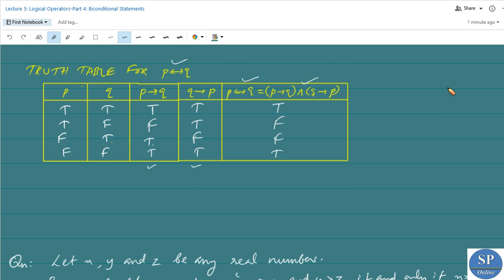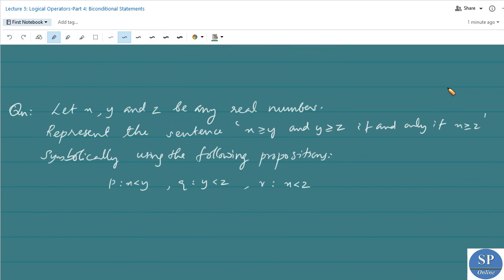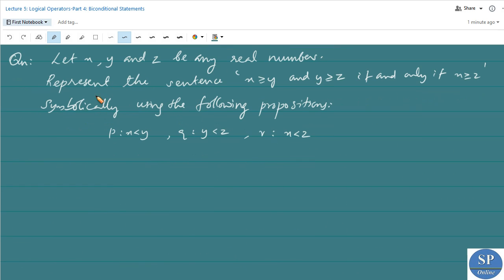Now we can discuss a problem. The problem is, let x, y and z be any real numbers. Represent the sentence x greater than or equal to y and y greater than or equal to z if and only if x greater than or equal to z symbolically using the following propositions. P: x less than y, Q: y less than z, and R: x less than z.